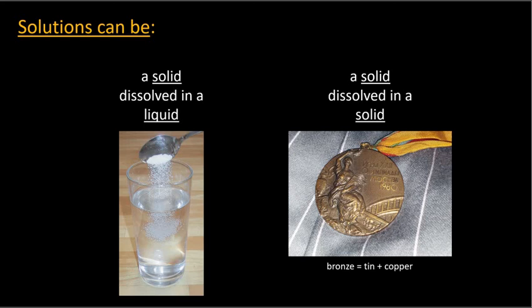Okay, so these are the different types of solutions. You will notice that you don't have solids dissolved in a gas. You only have two here instead of three. That is because generally if something is considered a solid, its particles are large enough that they cannot be mixed properly with a gas.